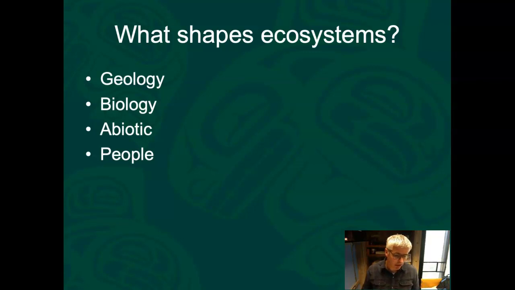The geology of the area is important, the geological history, the type of rocks, the geological processes that have shaped the landscape are vital for determining the biology of the area, so what organisms are there. And that can include endemic or native species. That could also include introduced, exotic, or invasive species, all words for things that didn't come from here but are here now, as well as the abiotic environment, so the environment that's not the biology.